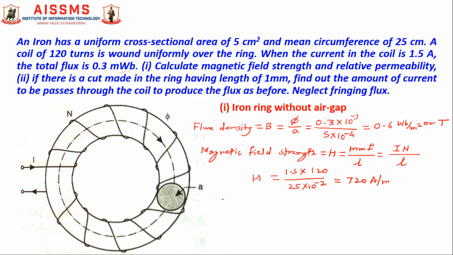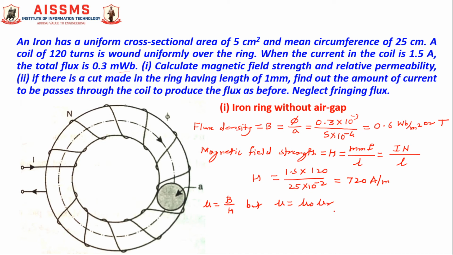After this, let us find out relative permeability. We know absolute permeability mu is equal to B by H, but mu is equal to permeability of free space multiplied by relative permeability mu r.